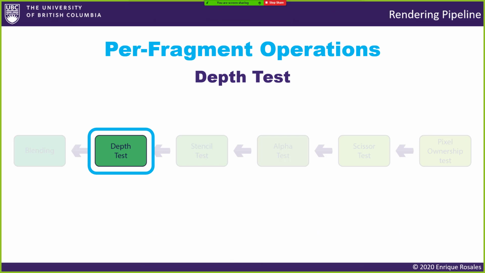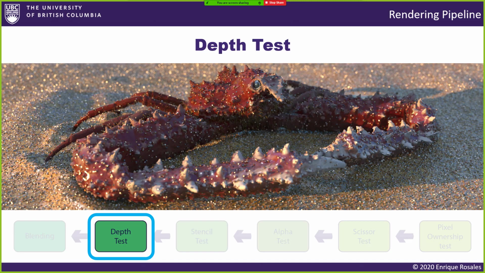Okay, so then we have the depth test. Again, we already discussed this. If you have a scene with a lot of triangles, in this case millions of triangles, this model in particular I think has something like 6 million triangles. It has hair and a lot of things. For every triangle you have a lot of fragments, and for every fragment you have a depth value, okay?